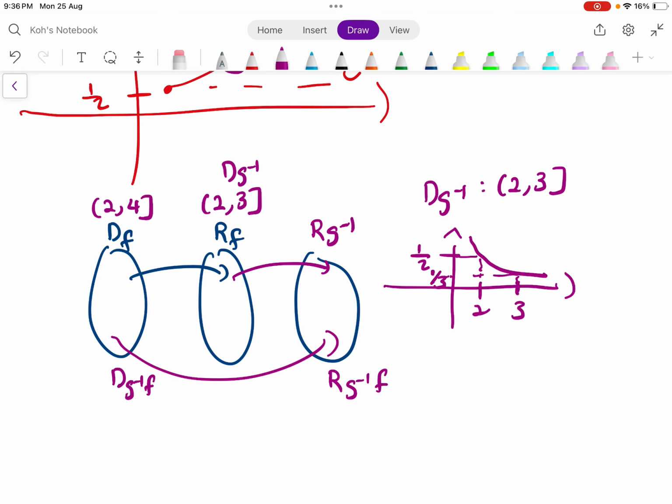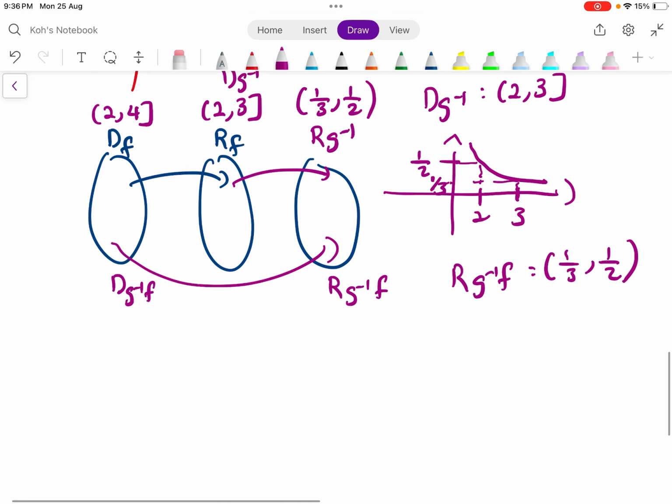So now my range is from 1/3 to half. Maybe I just roughly put all non-inclusive. So meaning when I sub in the second piece into the G inverse, my range of G inverse F will only go from 1/3 all the way to half only.